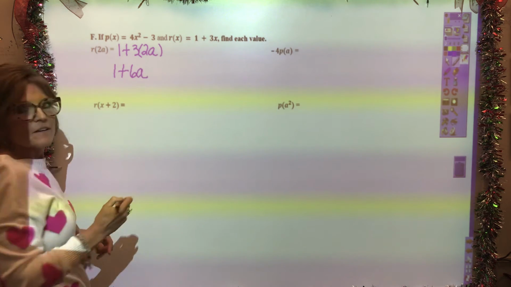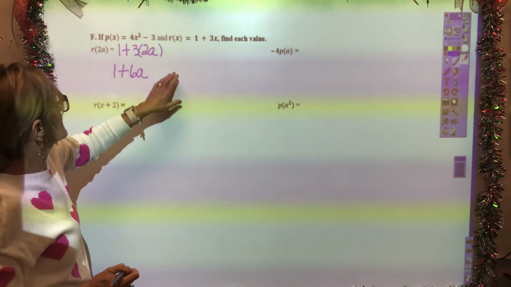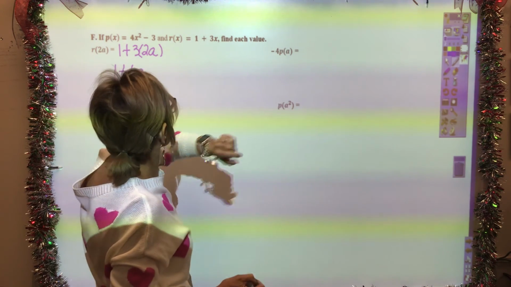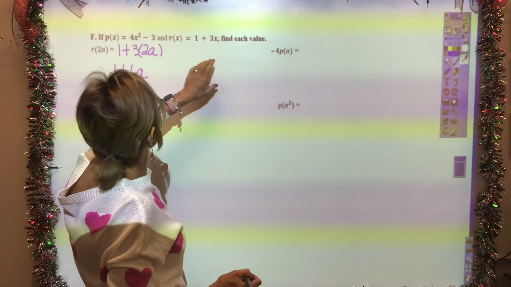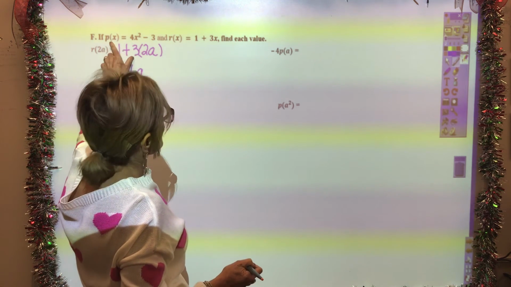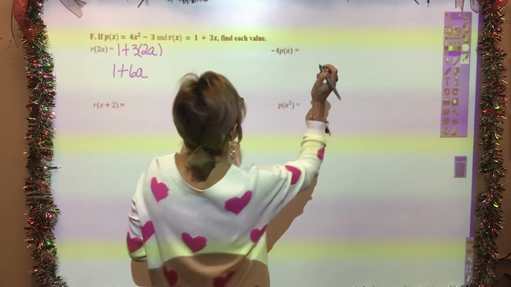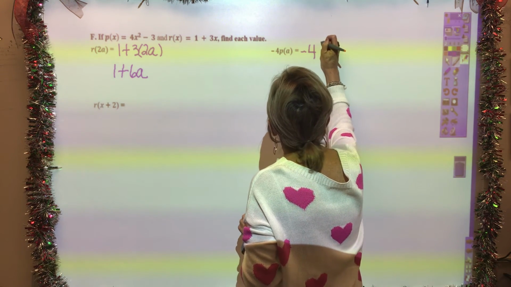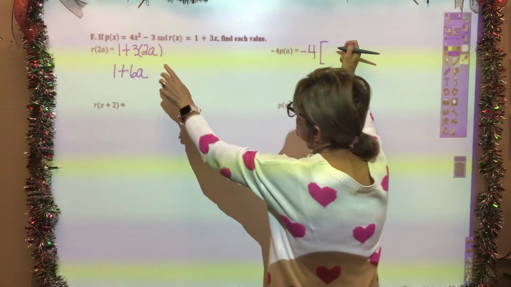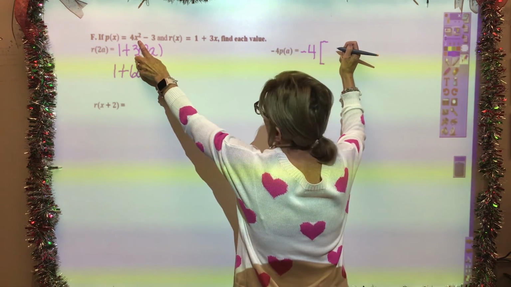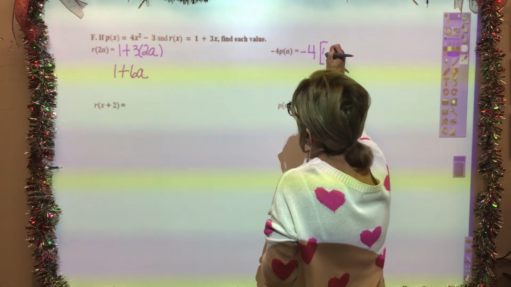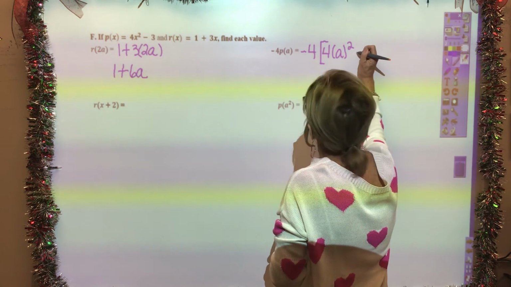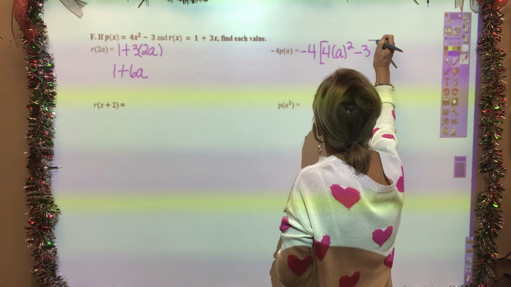Okay, on our next one, we have -4 times p of a. So we're going to take the function p, we're going to multiply the whole thing by -4, so I'm going to put a -4 out front, and then in the function, wherever there's an x, I'm going to replace it with an a. So I'm going to have 4 times a squared minus 3.